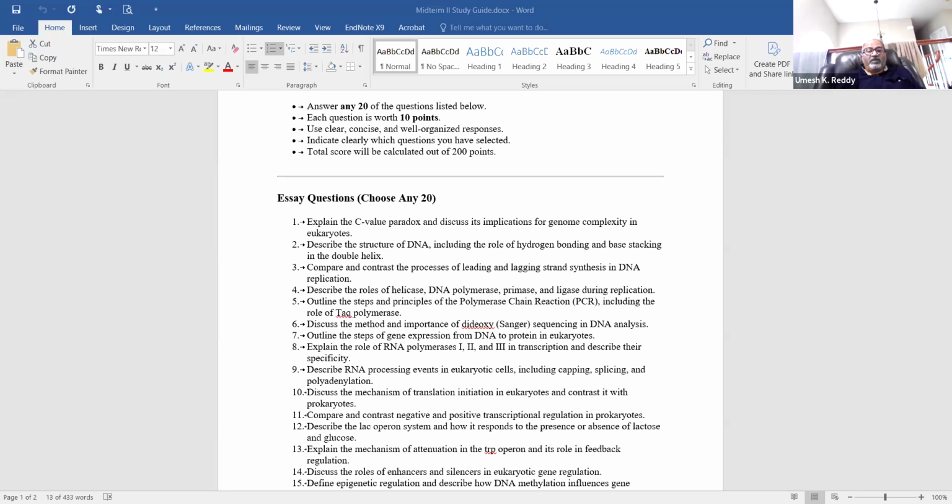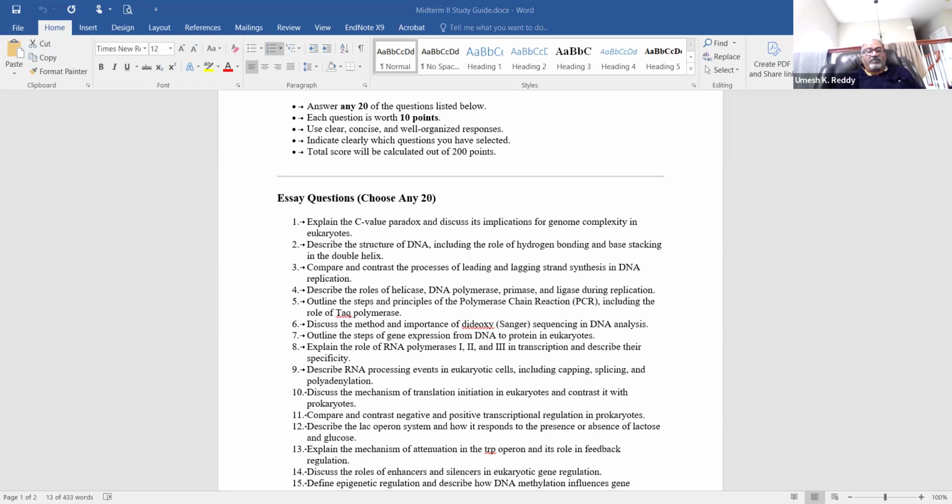And then once the termination is done, the precursor messenger RNA will get processed: a cap is added, a tail is added, and then splicing happens, removing the non-coding regions. Then that spliced and processed mRNA is exported to the cytoplasm, to the endoplasmic reticulum, where the translation happens.